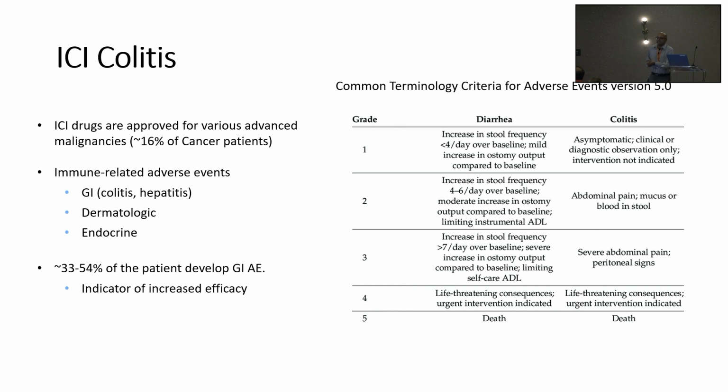One thing is, usually oncologists are very happy if they start this medication and the patients get colitis symptoms, because the medicine is working. But if it is overdoing, then of course we have to treat it. How do we treat?